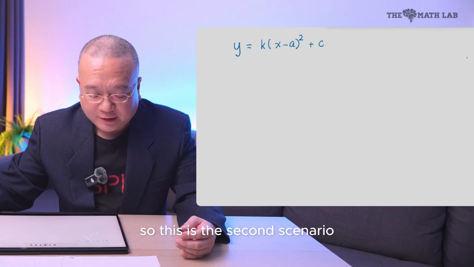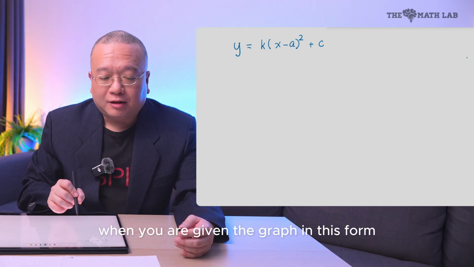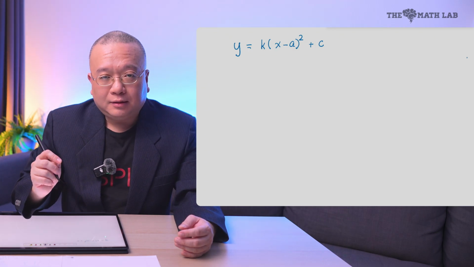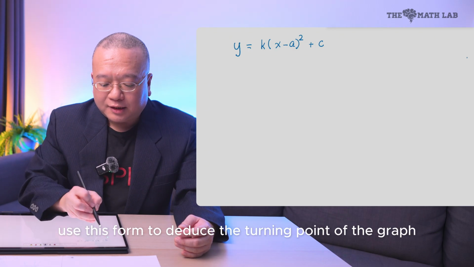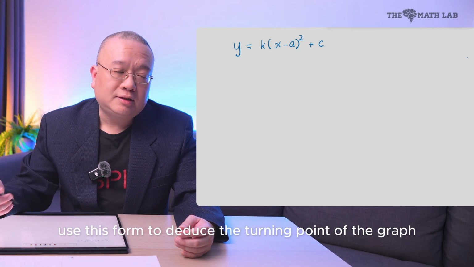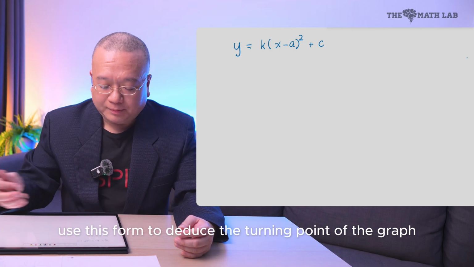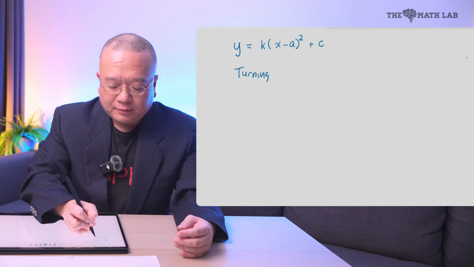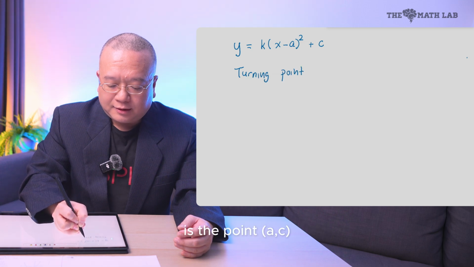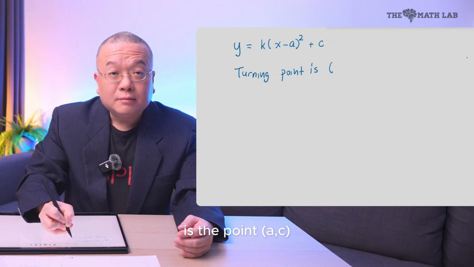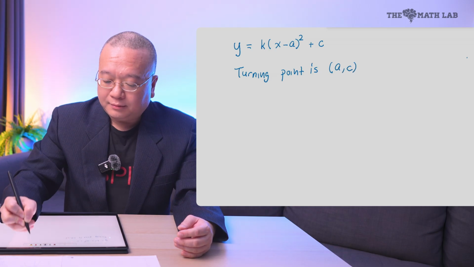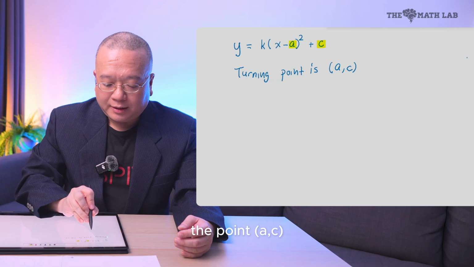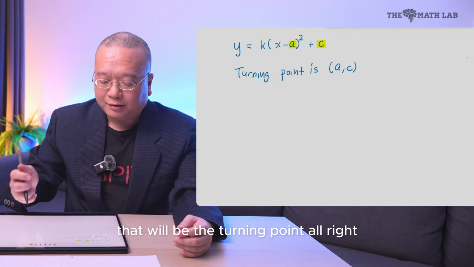So this is the second scenario. When you are given the graph in this form, we can use this form to deduce the turning point of the graph. In this case, the turning point is the point (a, c). Okay? The point (a, c), that will be the turning point. All right?